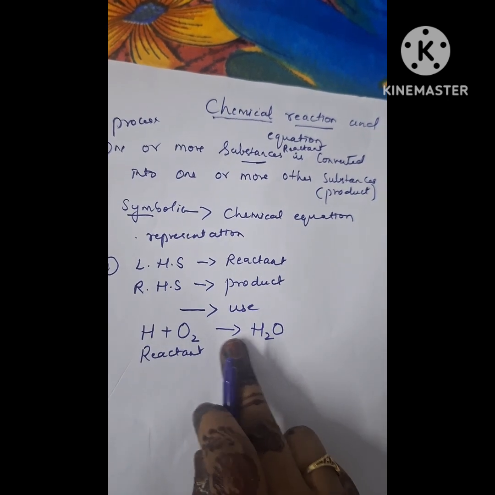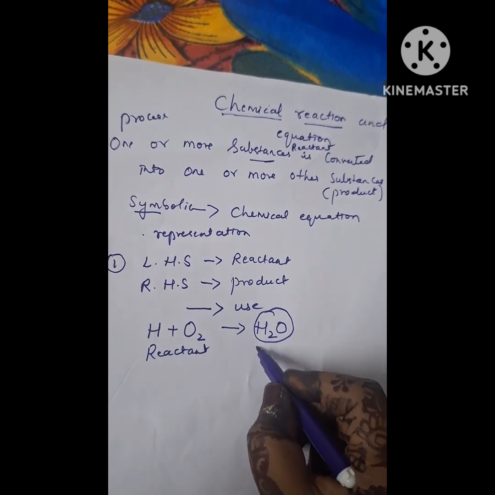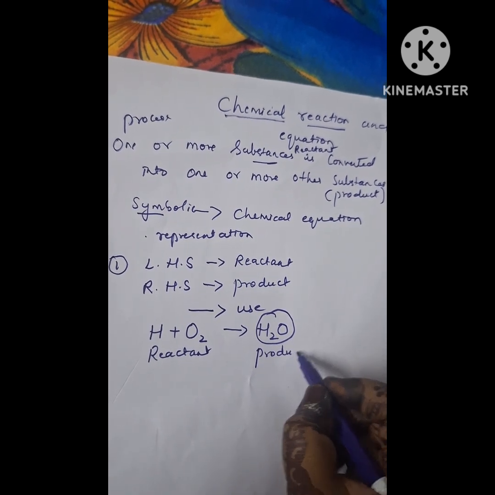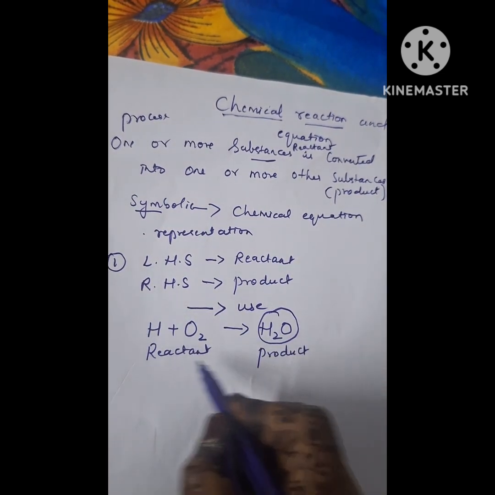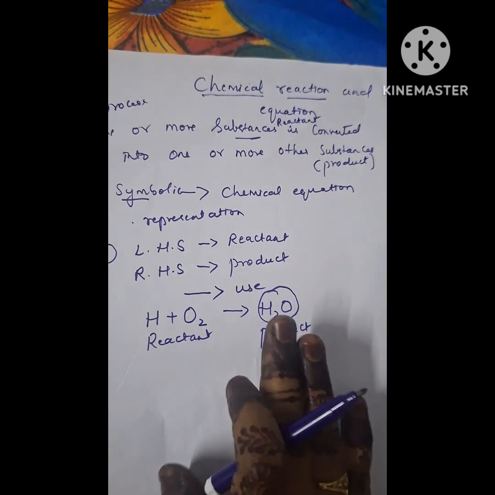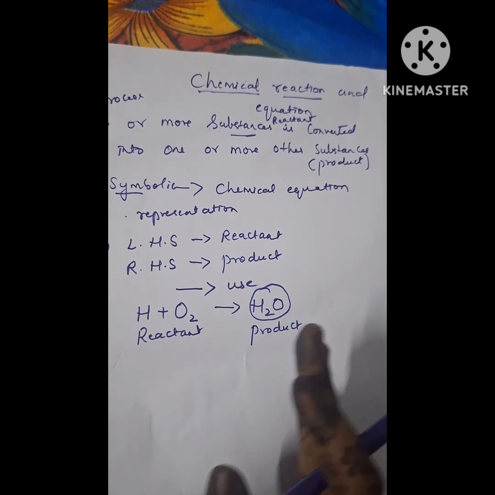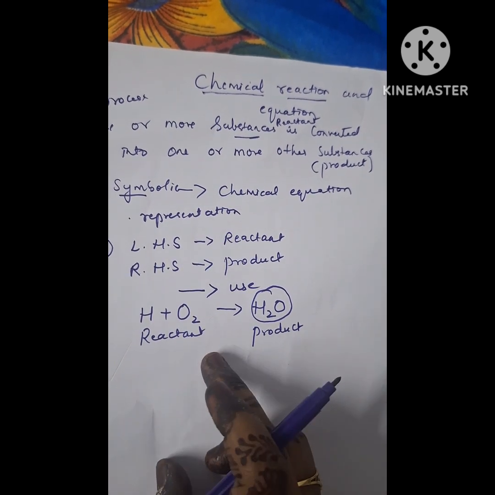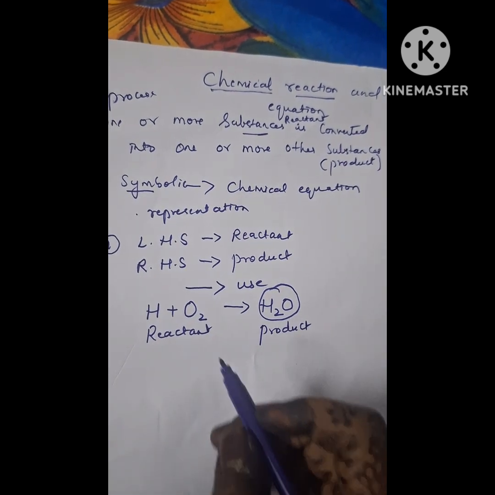And after this arrow mark, whatever I have written here is called product. Since this chemical equation is not balanced, but right now we are not focusing on balancing the equation, we will learn it a little later. Presently, let us understand what is reactant and what is product.